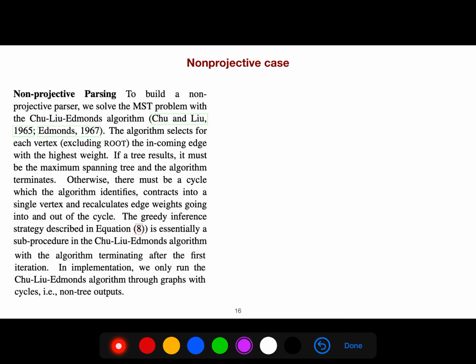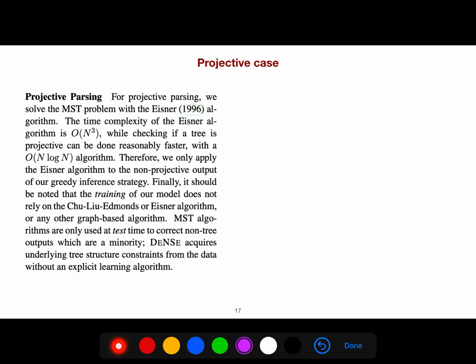For the non-projective case, as I said, we use the Chu-Liu/Edmonds algorithm. And for the projective case, it's very easy if we just use the Eisner algorithm. The time complexity is order of n cubed, just like CKY in constituency parsing, where the order is n cubed.